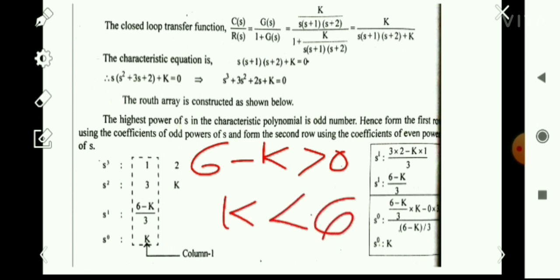So from the s raised to 0 row, the value of k should be greater than 0, and from the s raised to 1 row, the value of k should be less than 6. So we come to the conclusion that the value of k should be in between 0 and 6, that is 0 less than k less than 6.